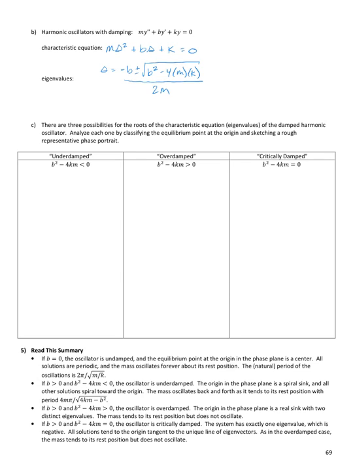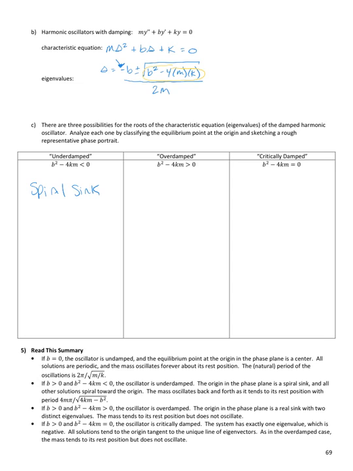All right, so the value under the square root, this b squared minus 4mk, is going to affect the type of equilibrium point at the origin. So if that value is negative, then we are taking the square root of a negative number. We're going to have complex eigenvalues, which means we're going to have some kind of spiral. The real part is negative, which means this is going to be a spiral sink.